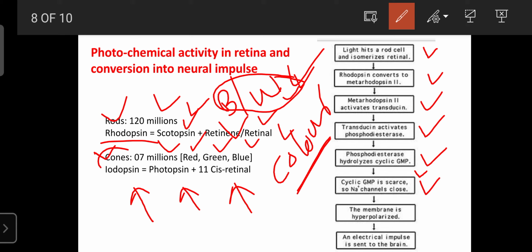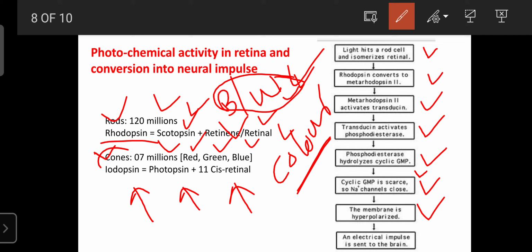Due to the closing of sodium channels, sodium cannot enter the retinal cells. Then the membrane becomes hyperpolarized, which is responsible for the creation of electrical impulses, and those impulses are sent to the brain with the help of the optic nerve.